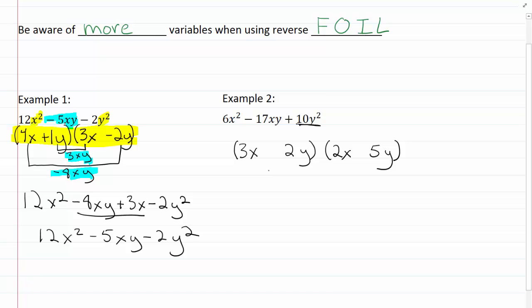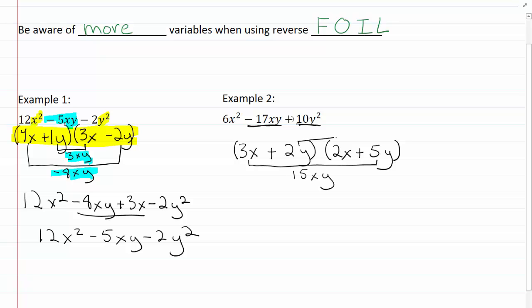And let's see. So this is a plus sign right here. I'm going to go ahead and just put a plus sign right here, and we can multiply this together and see if we're going to come up with this negative 17xy in the middle. This is the guess and check part of our factoring trinomials. So when we multiply together the outside terms, we are going to get 15xy.